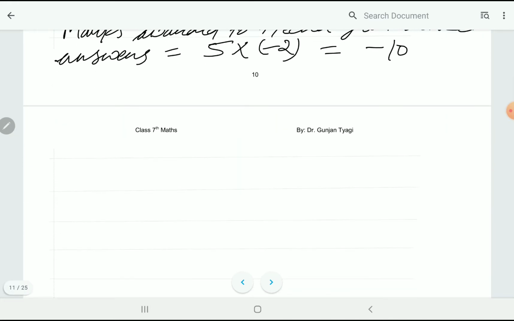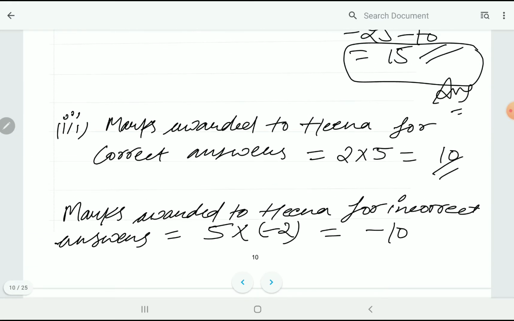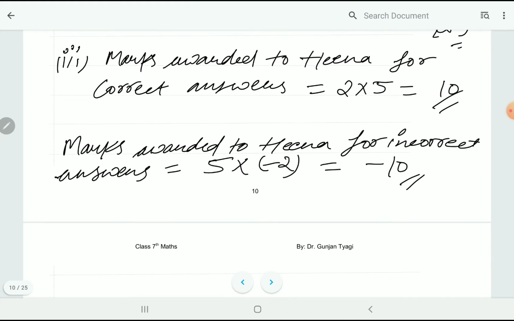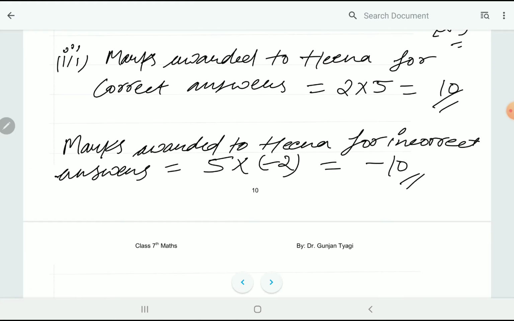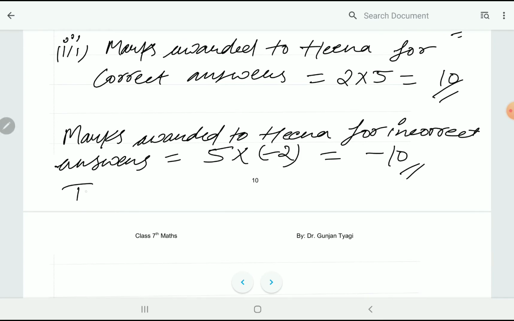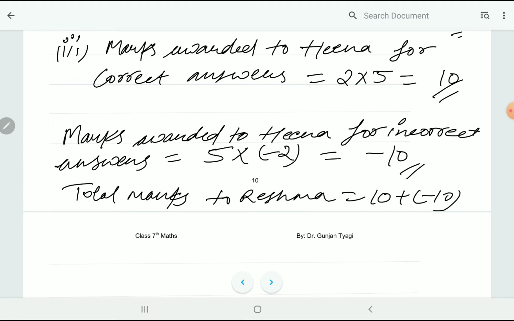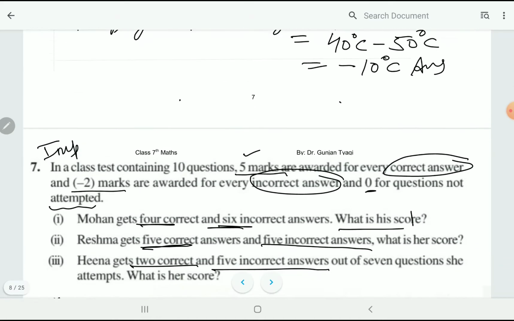So for her total score, we will add the marks for correct answers and the marks for incorrect answers. So Hina's total marks is equal to 10 plus -10, which is equal to 0. Her score is 0. So this question is completed.